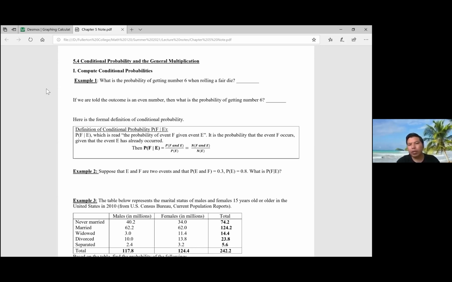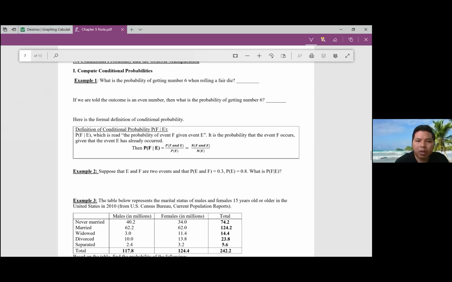What will be the probability of getting a number 6 when we roll a die? 1 out of 6. 1 out of 6, right? Okay, so the probability of getting a 6 is equal to 1 out of 6. All right, so that's normal. We learned that before, right?